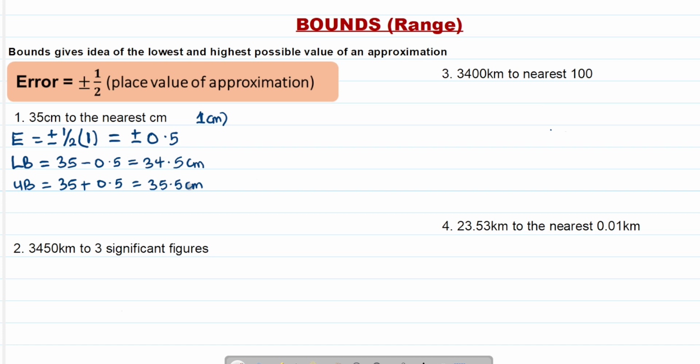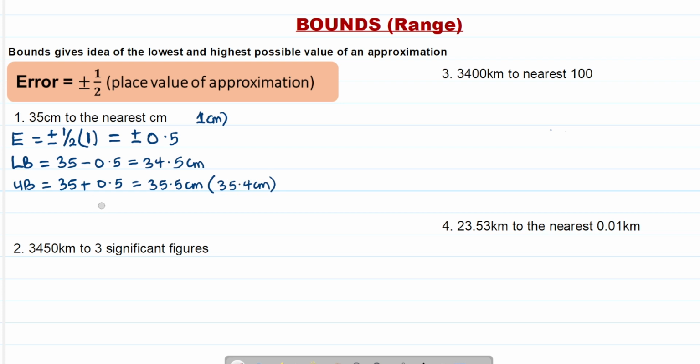However, the upper bound is not the same as the highest possible value, but from the upper bound we can determine the highest possible value that could have been approximated to the nearest centimeter to give 35 centimeter, and that highest possible value will be 35.4 centimeter, because when you round this number to the nearest centimeter, you will get 35 centimeter.